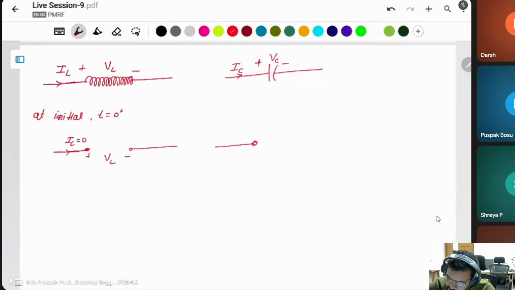This circuit behaves like a short circuit. I see current flowing, but there is no sudden change in the voltage. It means if the voltage is 0, there is 0 voltage only, there is no change. The 0 voltage means the circuit is behaving like a short circuit.